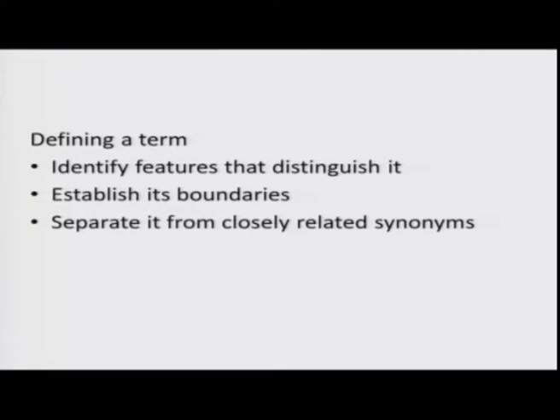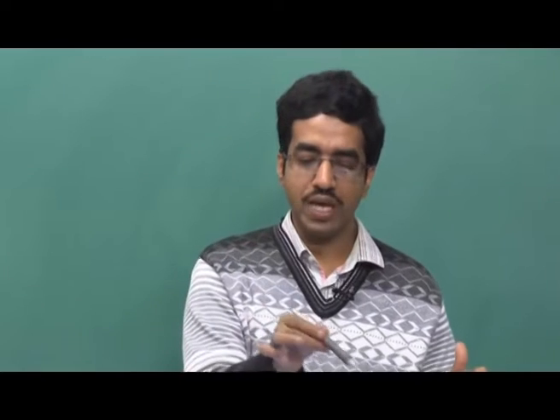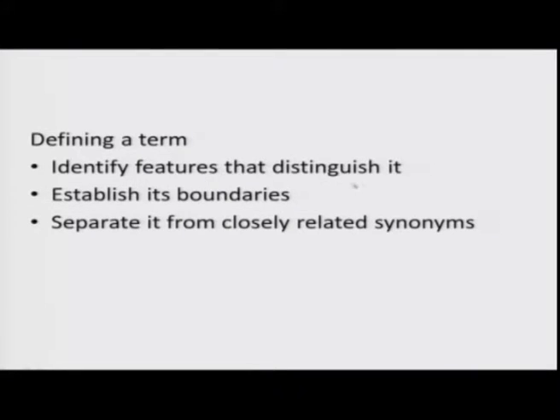So, when we define a term, what do we do? We identify features that distinguish it from other terms. What are the specific characteristics, traits which make this particular term unique, separate from other things?